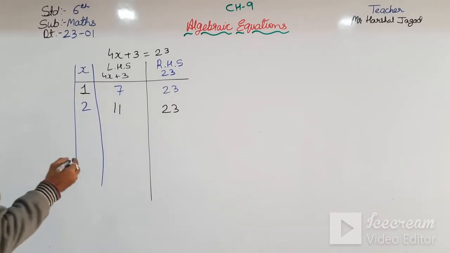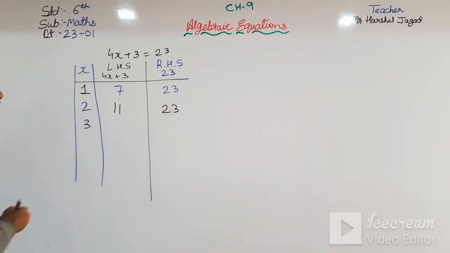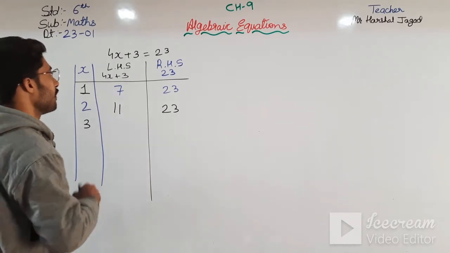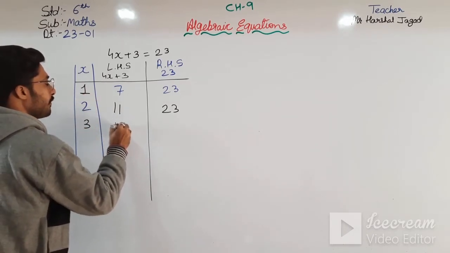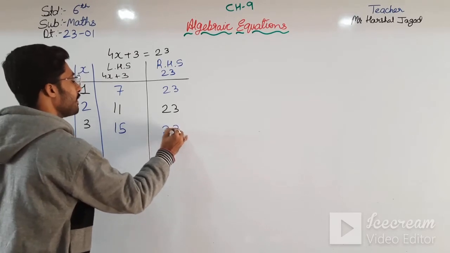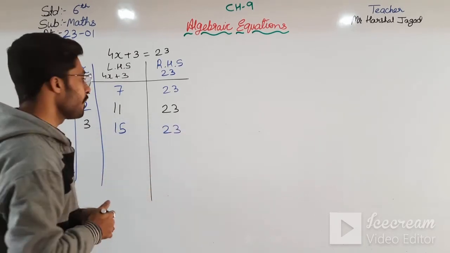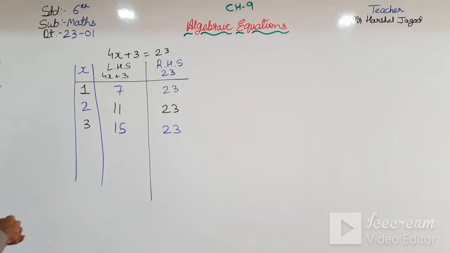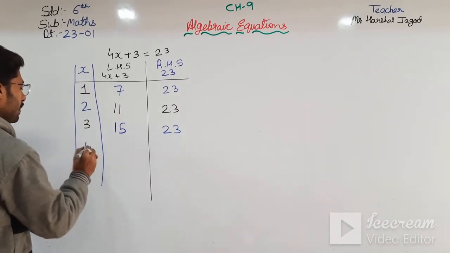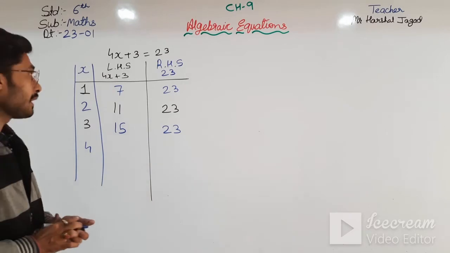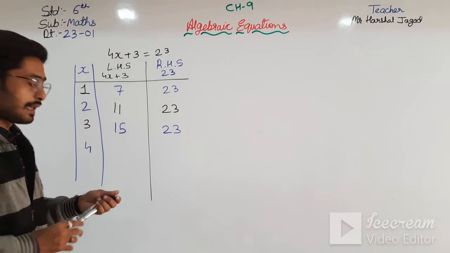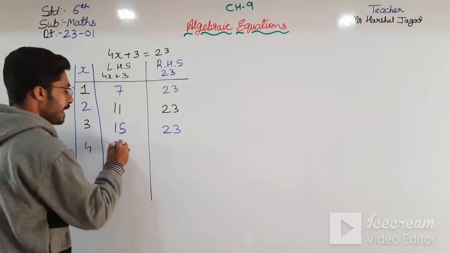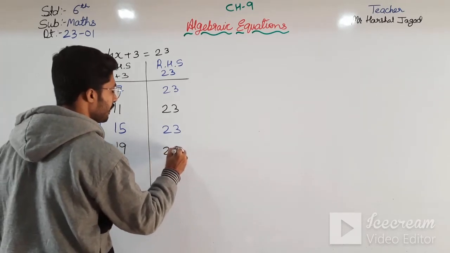If I take the value of x as 3, then 4 threes are 12, 12 plus 3 is 15, and here it remains the same, 23. Then taking x equal to 4, 4 fours are 16, 16 plus 3 is 19, and the RHS remains constant.